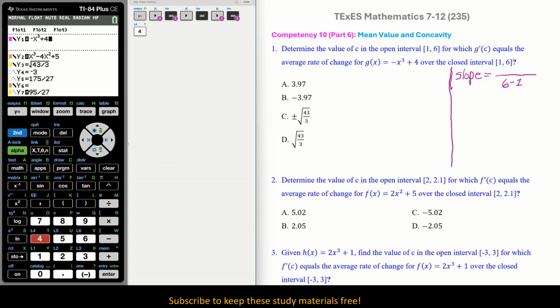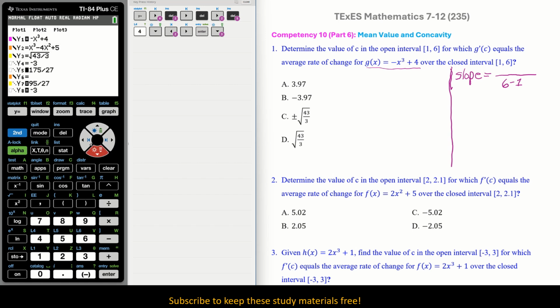This is an opportunity for me to show you how to do this. Now notice I've entered in the equation, our g of x, exactly what we want: negative x to the third plus the 4. We're good to go. Now, arrow over to where your cursor is on the highlighted equal sign and push enter to deselect it.